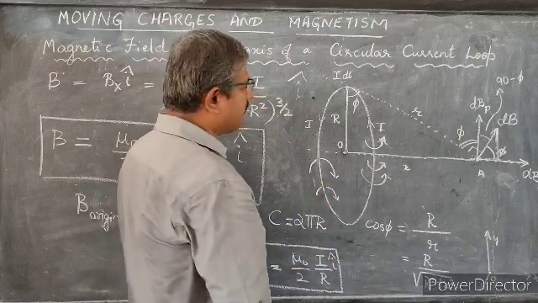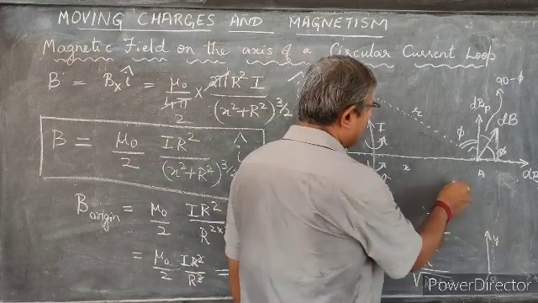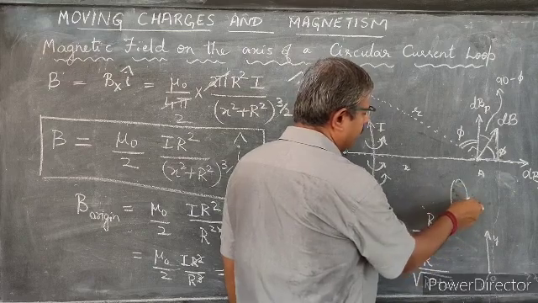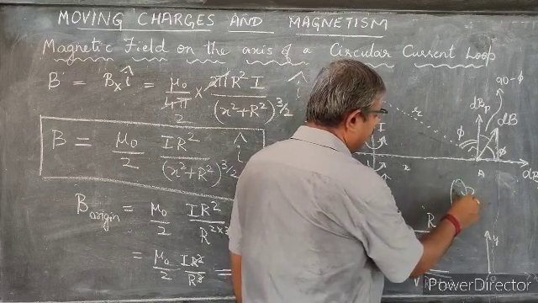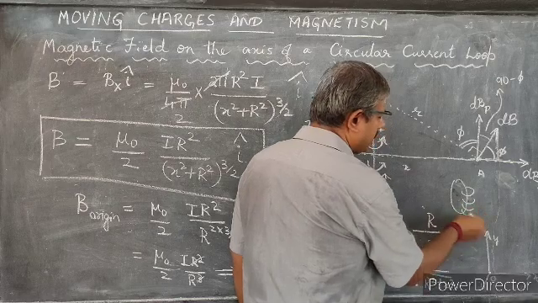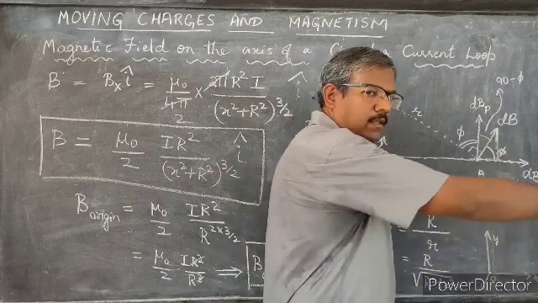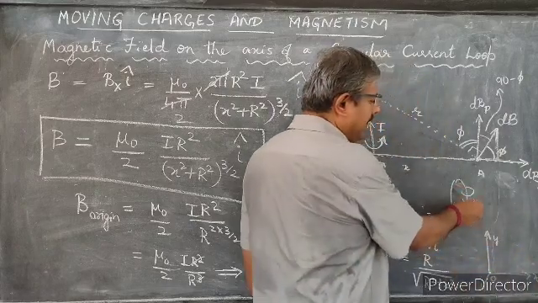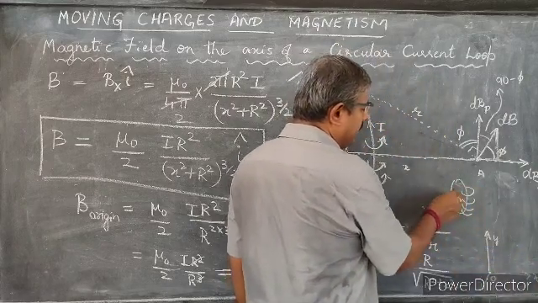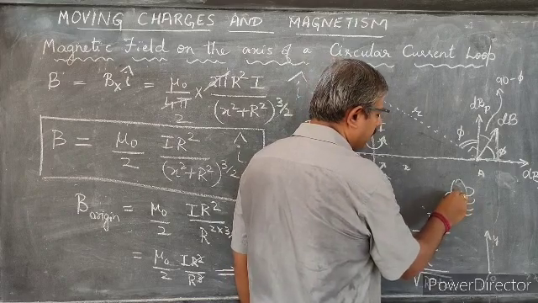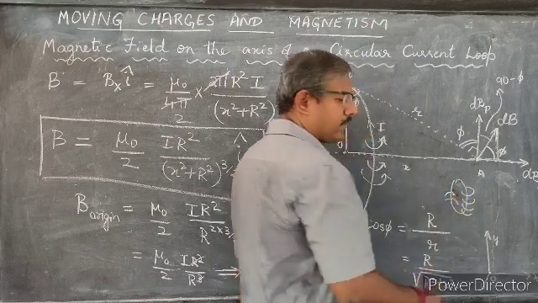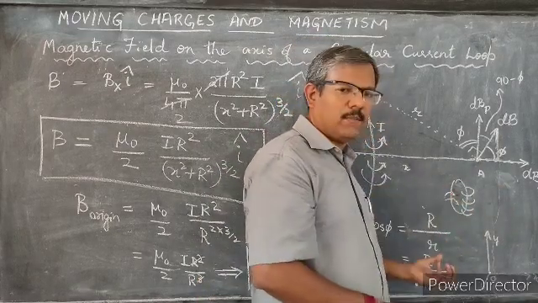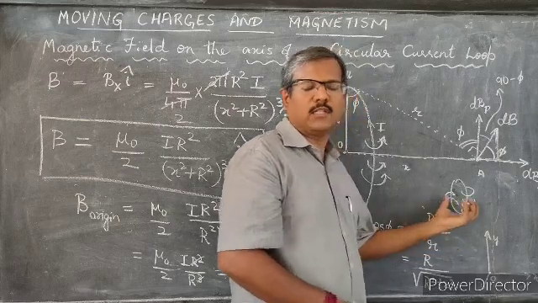So effectively speaking, if I were to consider a circular loop, I'll have magnetic field lines going in an anti-clockwise direction as viewed from the top on the right side of the coil, and they'll be going in the clockwise direction as viewed from the top on the left hand portion of the loop.